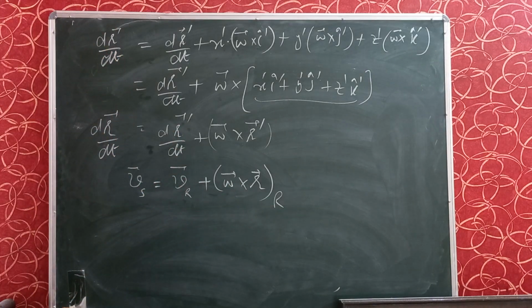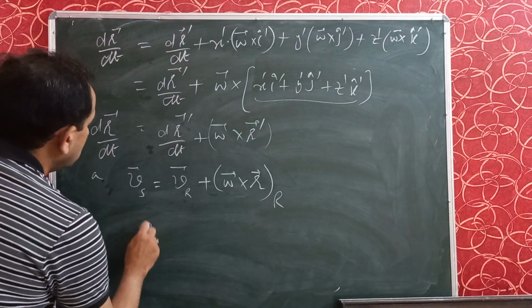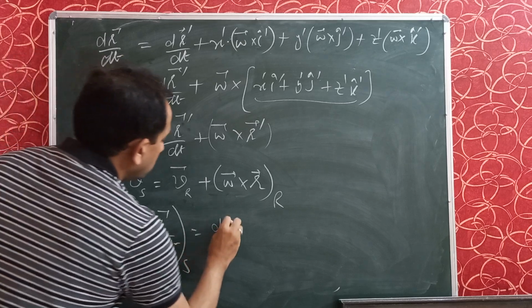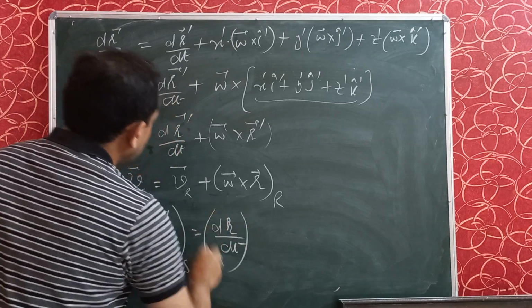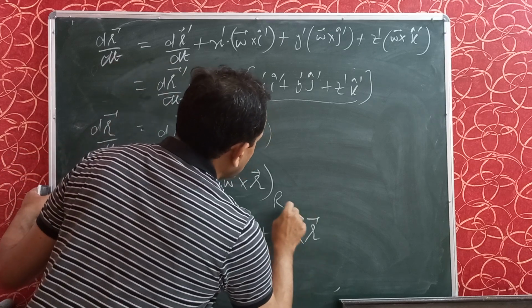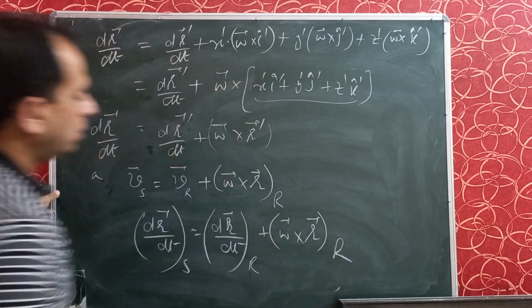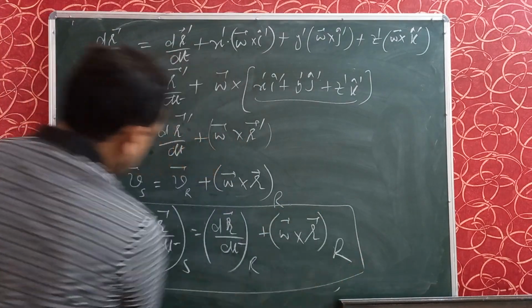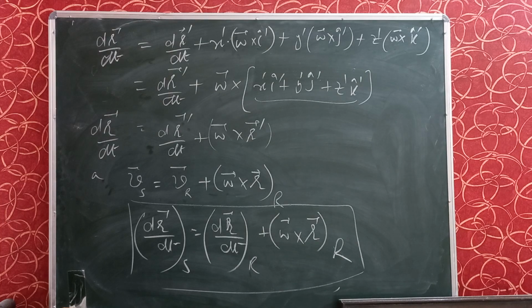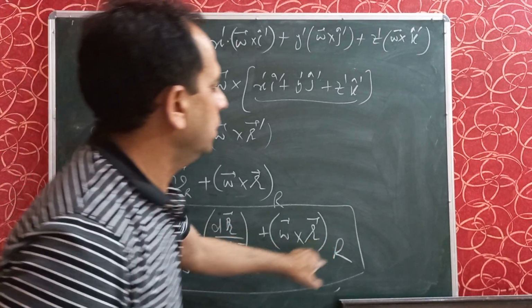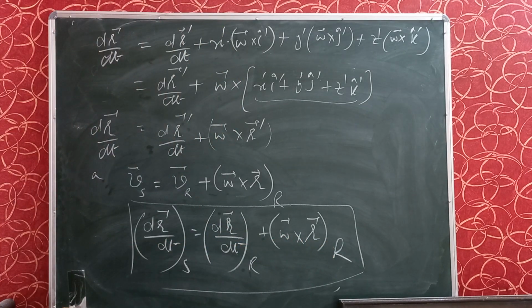Or this is dr by dt in the S frame equal to dr by dt in the rotating frame plus omega cross r in the rotating frame. So this is actually the equation for velocity. It is the velocity in the S frame, equal to the velocity in the S dash frame plus something. So this is the velocity transformation equation in a non-inertial frame.